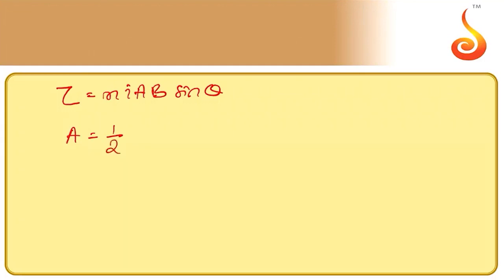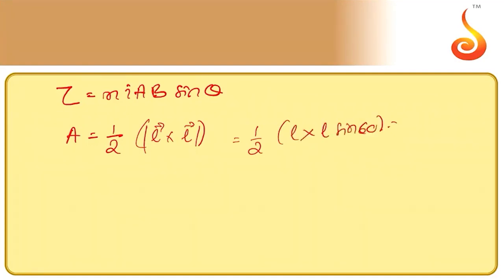This is nothing but half into L cross L and the magnitude, of course, that turns out to be half into L sine 60. What is the value of this one? This turns out to be, if I simplify it, I'll get it as 1.732 into 10 to the power of minus 4 meters square.